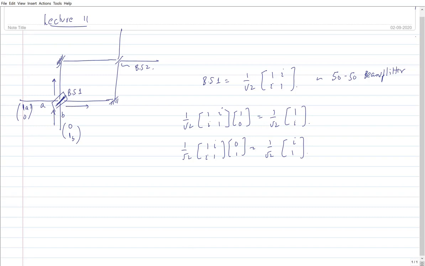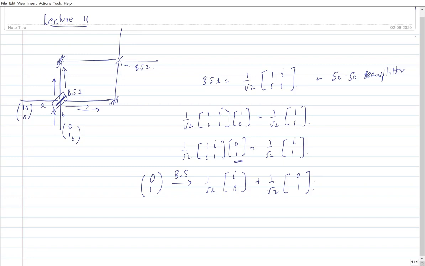So when I start with light in this state, through the action of the beam splitter, I get an equal superposition of something going in the upper port, also something going in this direction.